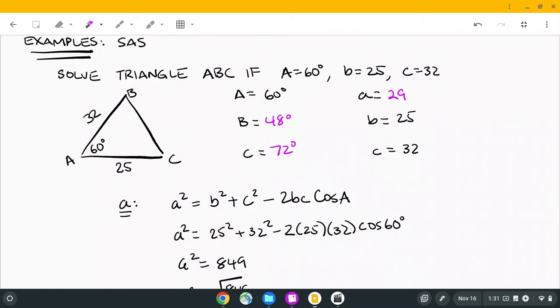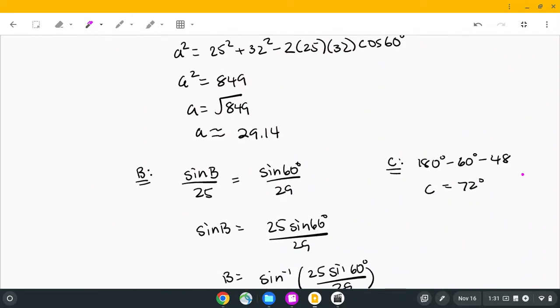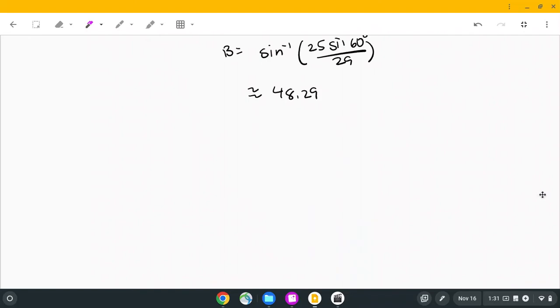Okay, let's do the second case, side, side, side. That way you can see how we use that same formula regardless of what we are given. Okay, so case 2, side, side, side. Solve the triangle.